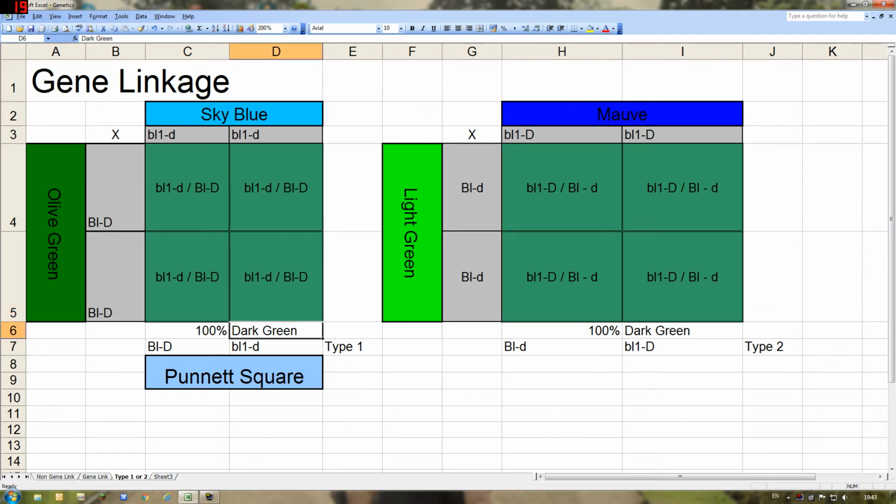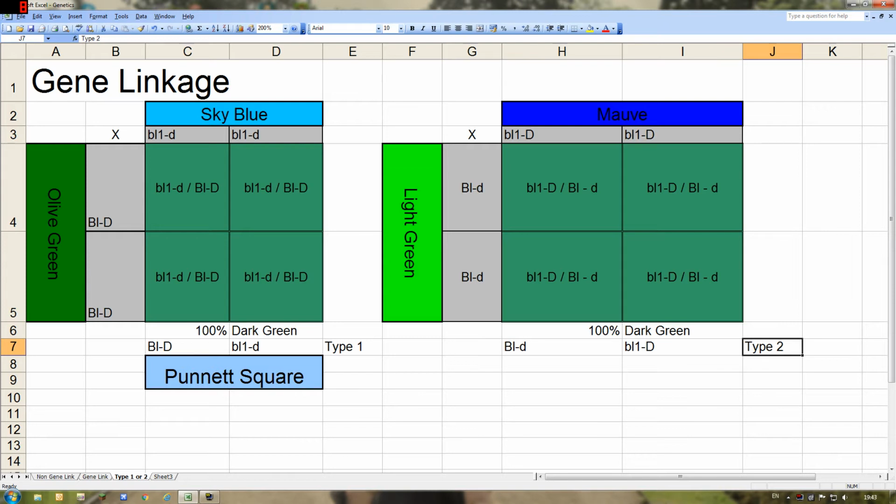So in this case over here, where the dark factor sits on the same chromosome that contains the gene, the green gene, a non-mutated green gene, we call that a type 1 bird. And the one over here where the dark factor sits on the mutated blue gene, we call that a type 2 bird.